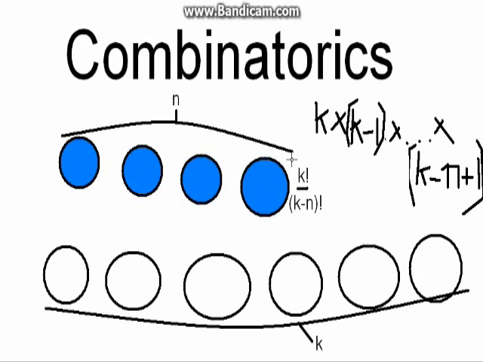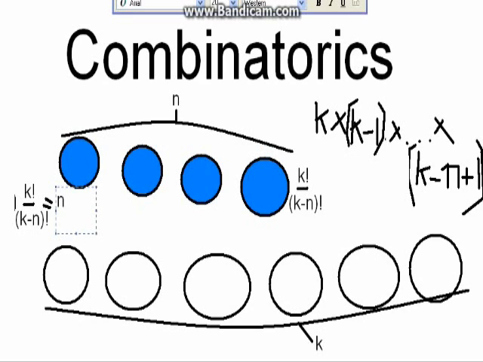Well, we've already got this formula here, and we'll just plug n into it. So we'll just make k equal to n, and we'll make this n also equal to n. So let me just copy and paste this over here. Okay? So if we make it like so, we now have the same amount of objects as holes, the formula becomes a bit simplified.